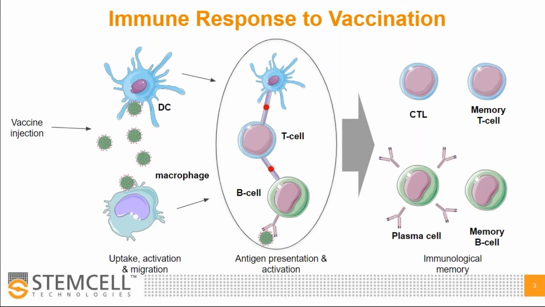The main difference in immune response to vaccination is that this immune response is initiated very effectively, and it usually does not cause any symptoms in the vaccinated individual. However, different types of vaccines can be better or worse at eliciting the different components of the adaptive immune response, and we will talk about this a little bit more in the next slide.